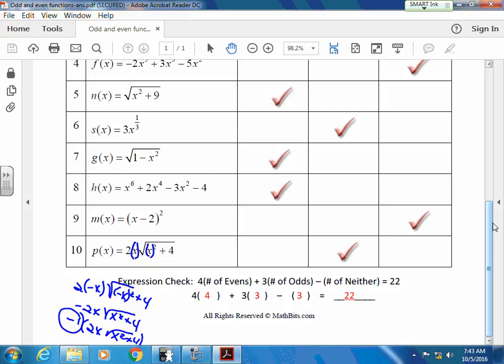I left that separate from the notes because you can just pull it out when you need it. Okay.